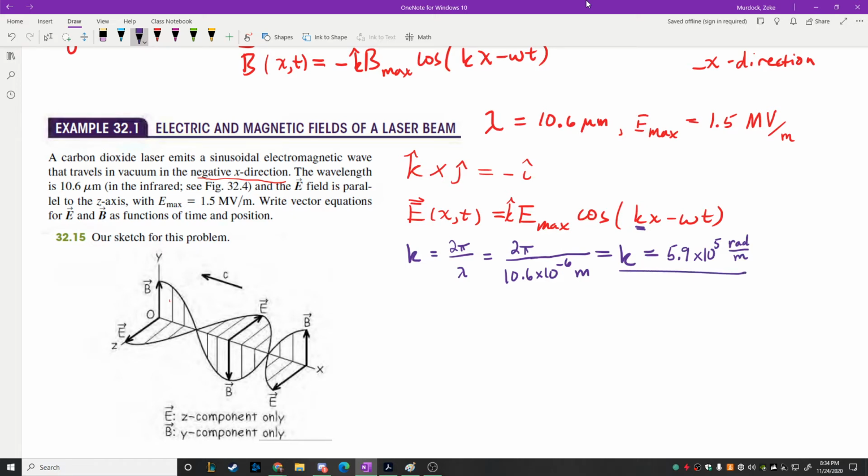All right, what else do we need to find? We need to figure out what omega is. How can we figure that out? If we already know what k is, what equation can we use to figure out what omega is?